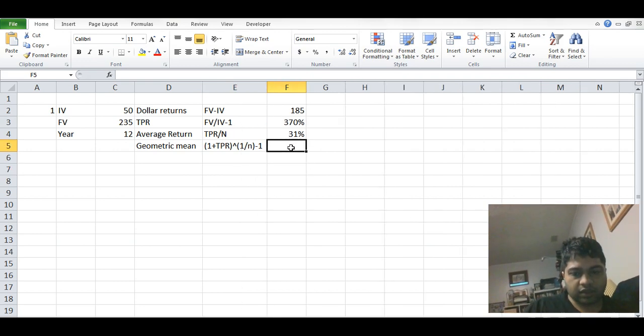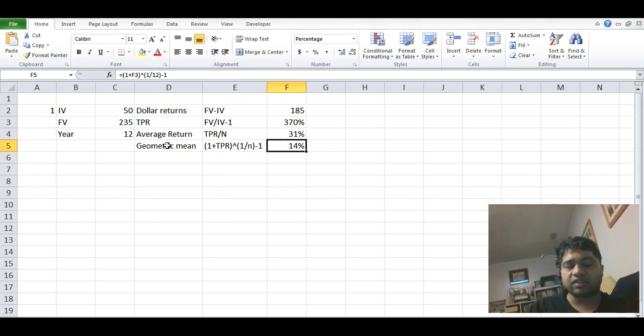So it is 1 plus 370% to the power 1 by 12 minus 1. So the geometric mean is somewhere around 14%. So these are the answers: dollar return, total percentage return, average return, and geometric mean.